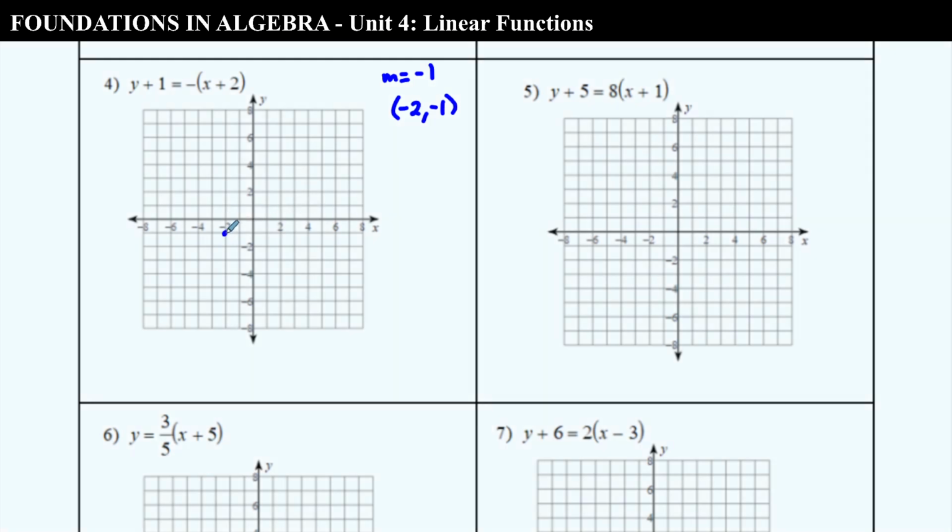That goes here. And we can plot our remaining points using our slope, -1. So that means we go down 1, right 1, down 1, right 1. We can also go up 1, left 1. And I think you see the pattern here, that we're just going through the grids diagonally.